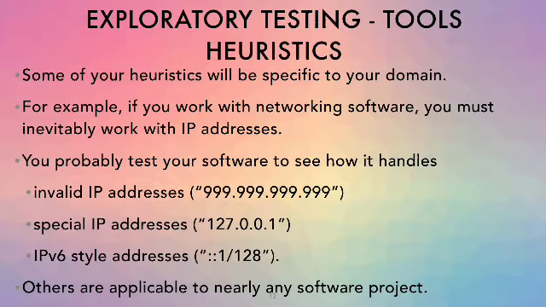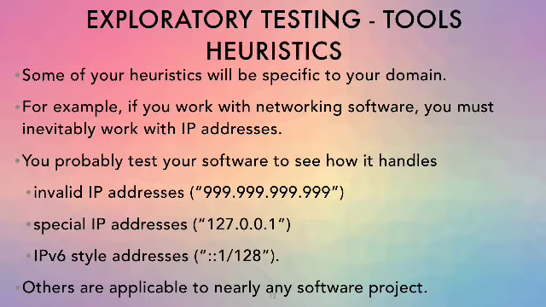Or you can use a special IP address such as 127.0.0.1 and see how your production code responds to it. And you can also use IPv6 style addresses and check if your software is still compatible with that format.